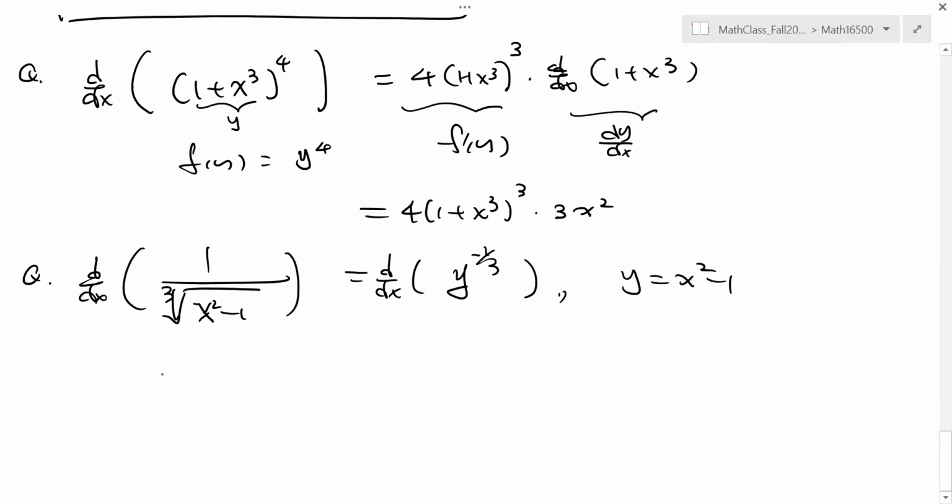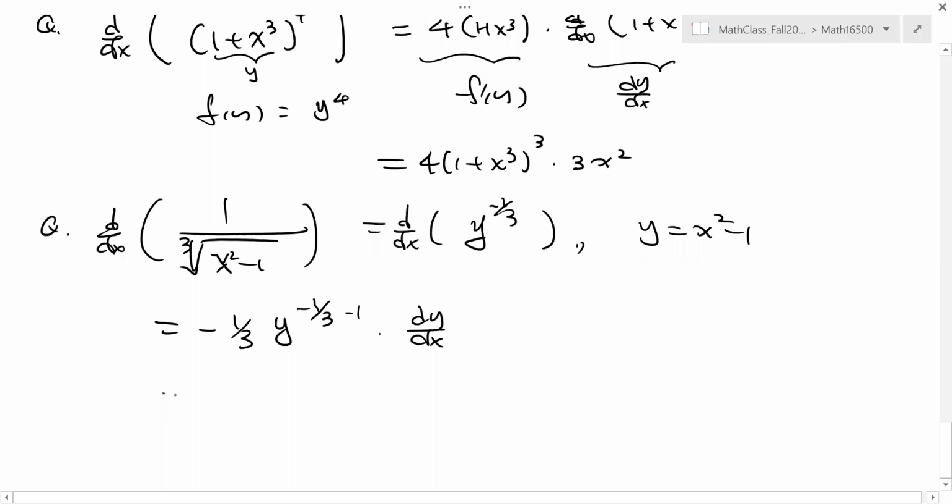Then you have to differentiate this function with respect to y first. But don't forget, you have to differentiate y with respect to x. So that is going to be negative 1/3 y to the negative 4/3, and dy/dx is going to be 2x, right?